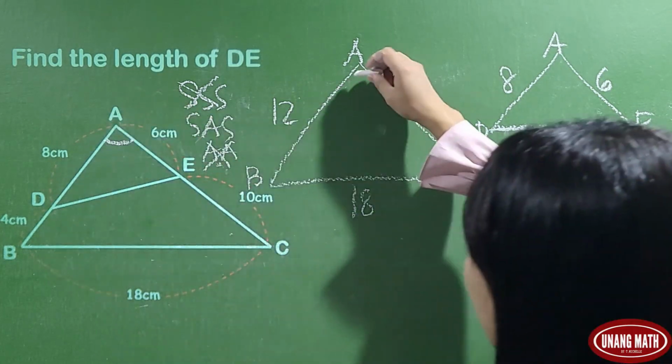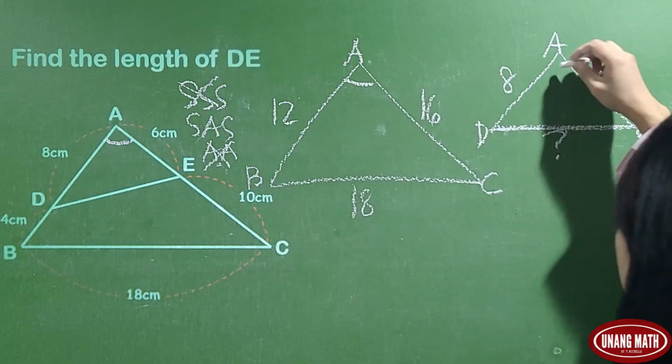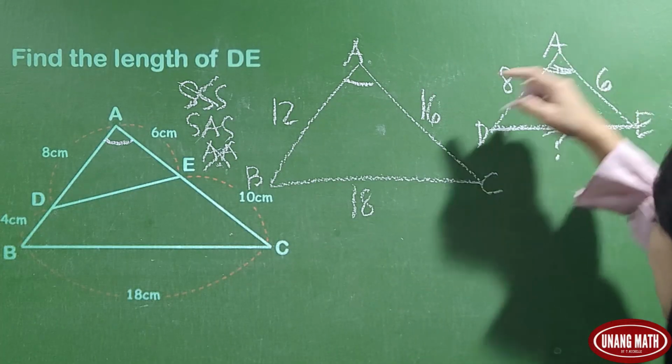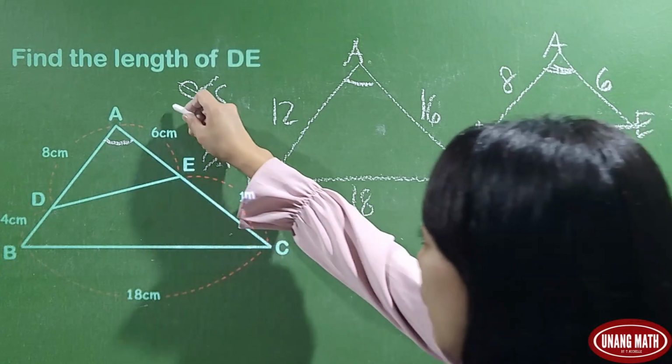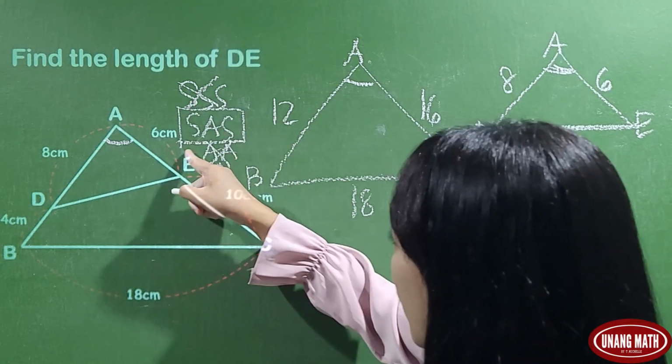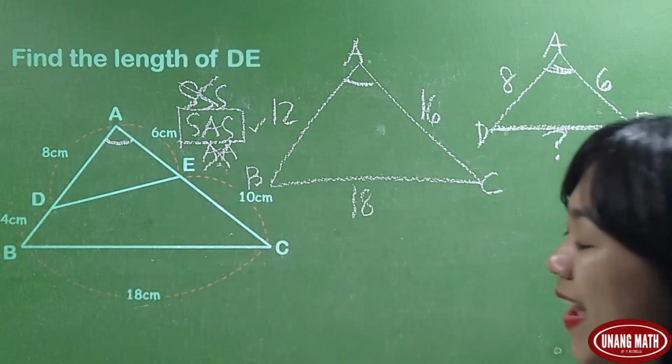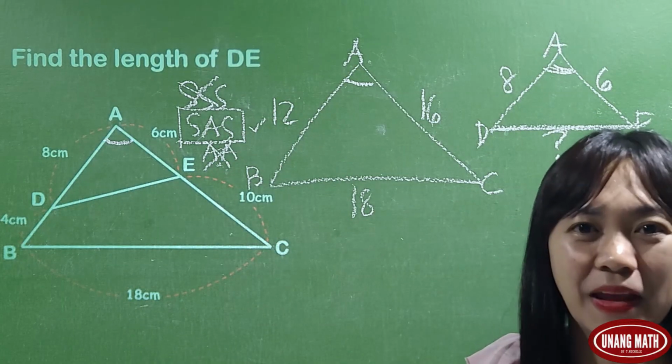So this angle A is common to these two triangles. So in here, we are going to use SAS similarity.